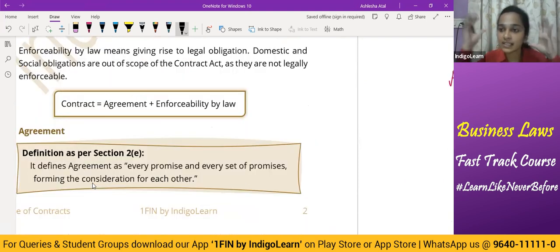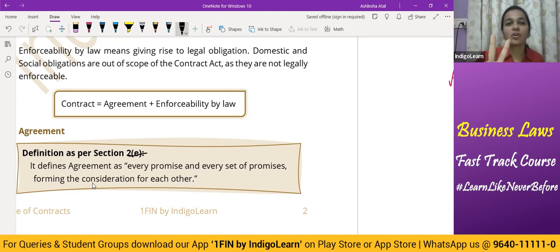Talking of what is an agreement, we have understood in the equation that agreement is promise plus consideration. But you cannot write the equation in exam, and neither can you write any examples in your examination. You'll have to write the definition in your exam. So how will you remember the definition of agreement? Agreement is defined in section 2 clause E as every promise or set of promises forming consideration for each other.